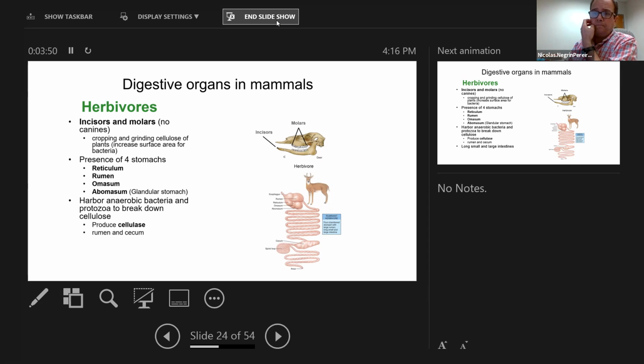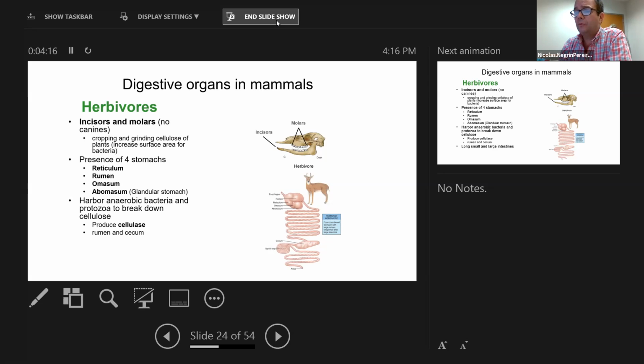The other thing is that animals do not produce cellulase, the enzymes that break down cellulose and hemicellulose. So it's only bacteria that are able to do so. This is an important concept. The ones responsible for breaking down the cell walls of plants are the bacteria and the protozoa.